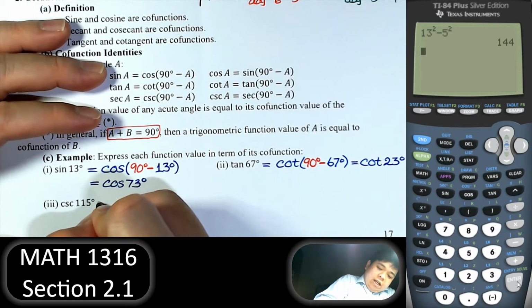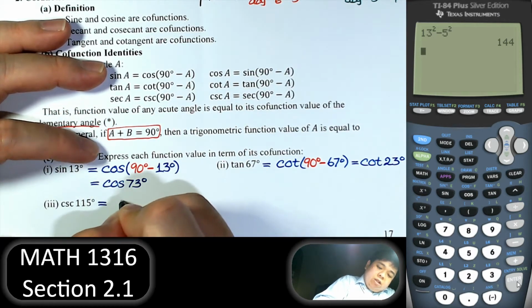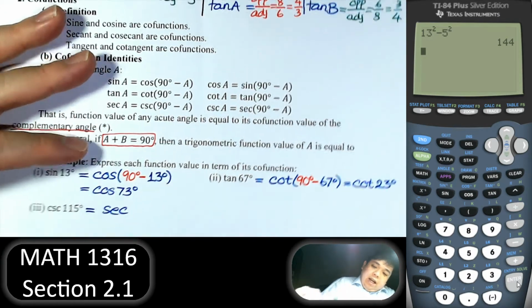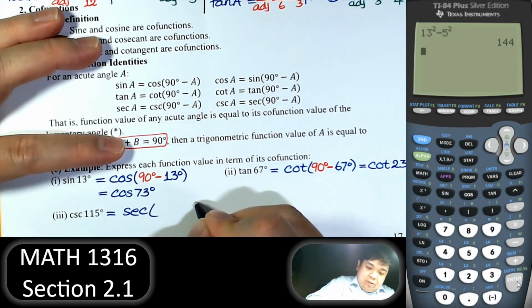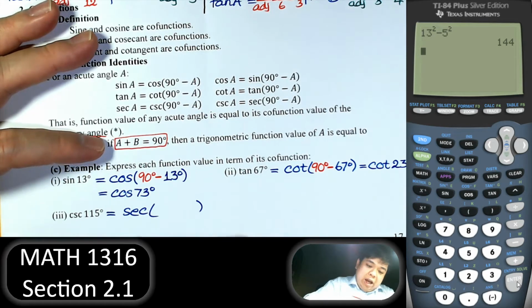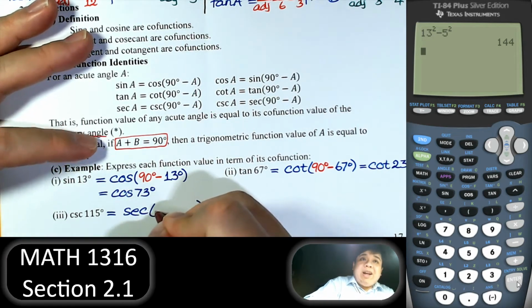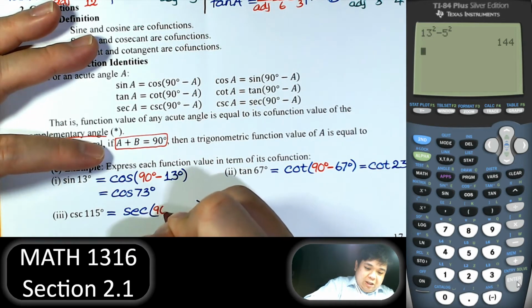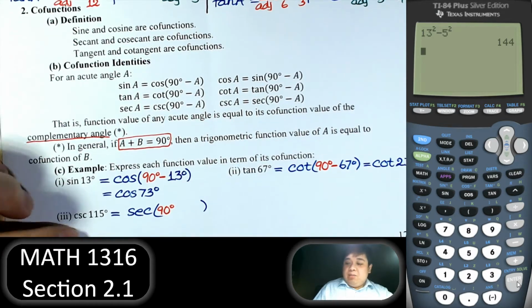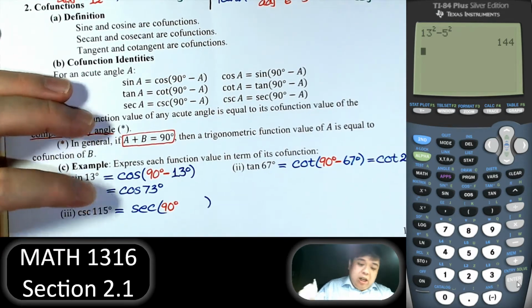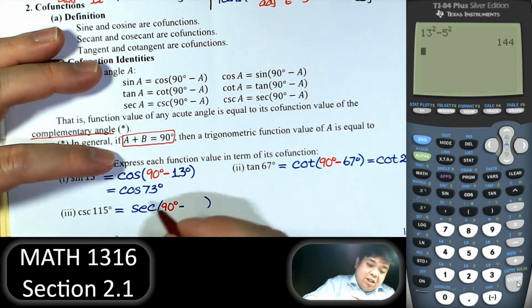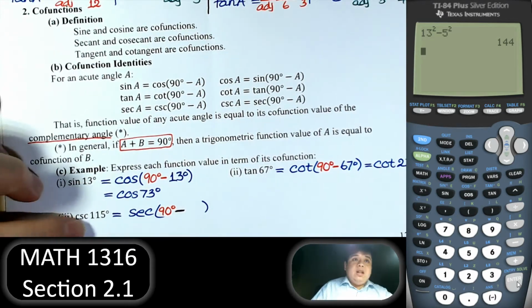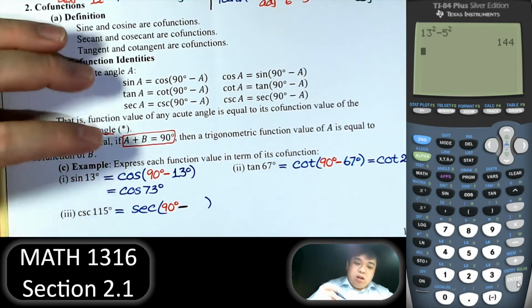Cosecant, the cofunction of cosecant is secant, and to go from a function to a cofunction, we will have a complementary angle, so subtract from 90 degrees. Like I said, it doesn't matter if the angle is acute or not, as long as they add up to 90 degrees, it still works.